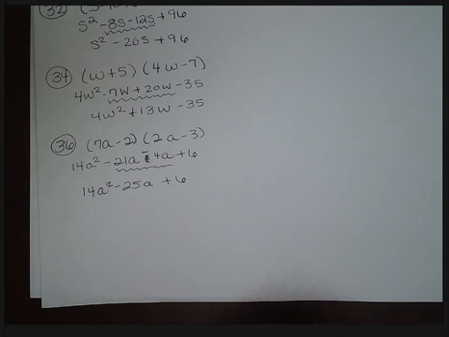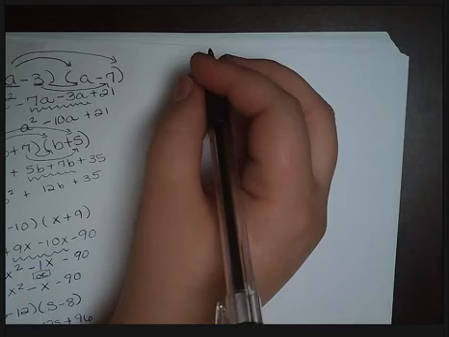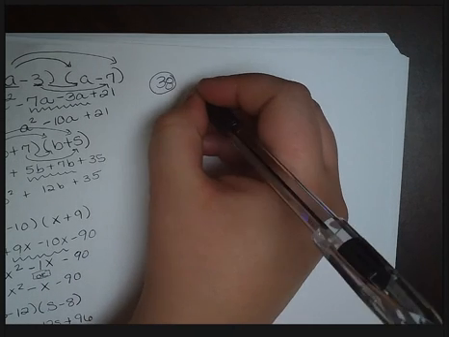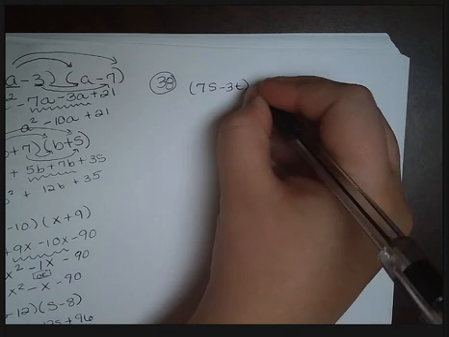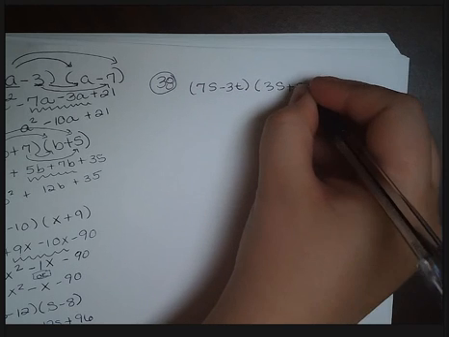Now let's look at number 38. On number 38, I have 7s minus 3t, and then 3s plus 8t.